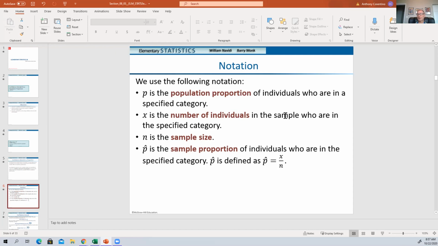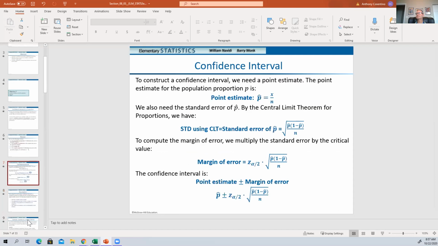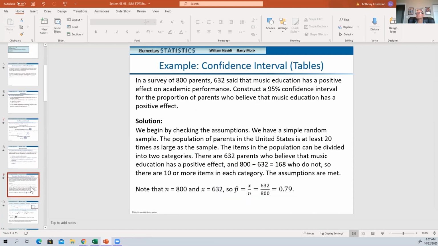And the sample proportion is X divided by N. In our calculation, we take the 632 and divide it by 800 and get our 0.79. So you could say 79% of the parents believe that music has a positive effect on their kids.